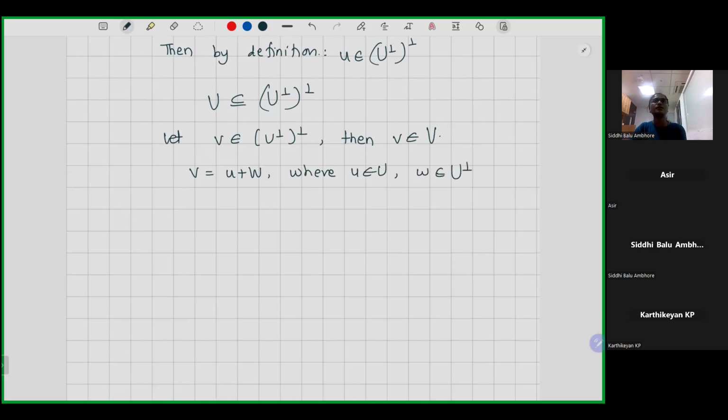This much is clear by the above proposition. Then since V is equal to U plus W, this implies V minus U is equal to W, which belongs to U perp.